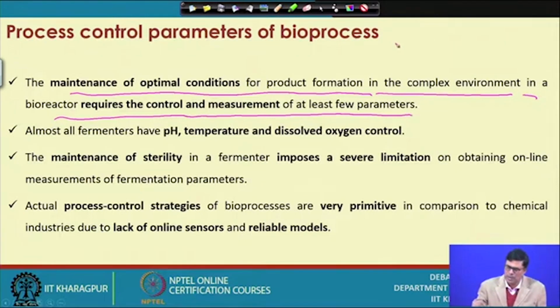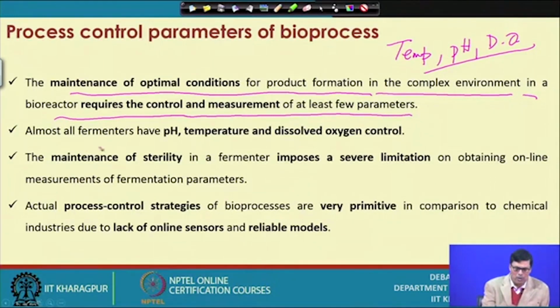We know that your organisms are very sensitive to the environment: the temperature, pH, and dissolved oxygen play a very important role. Am I right? If it is an aerobic fermentation process, you have to measure these. So, to maintain that, what different control systems are required? Almost all fermenters have pH, temperature, and dissolved oxygen control.